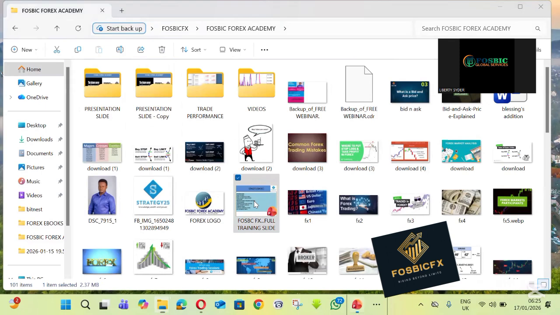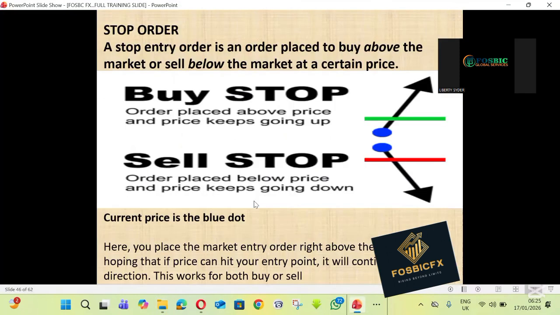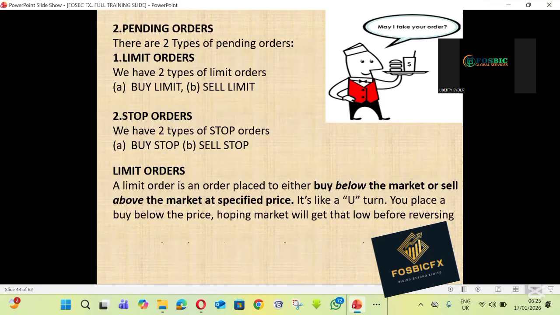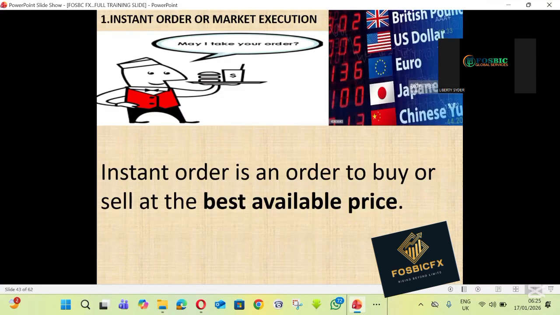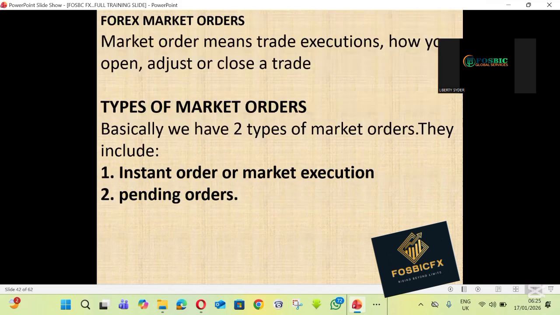You will get the practical experience when we treat MT5, how to place all these orders. So let's just do a recap of the order types. Of course, we said we have two types of orders: market execution and pending orders.